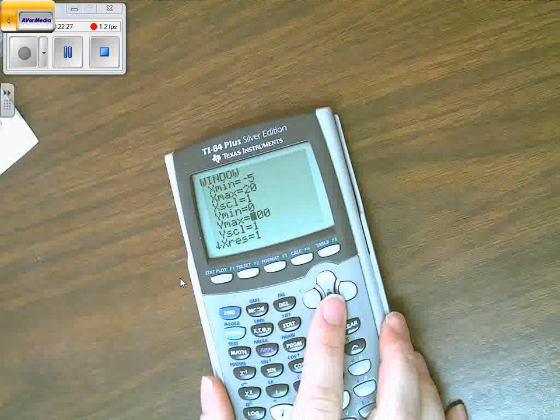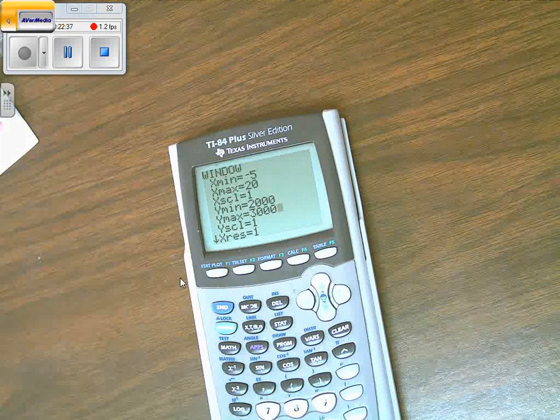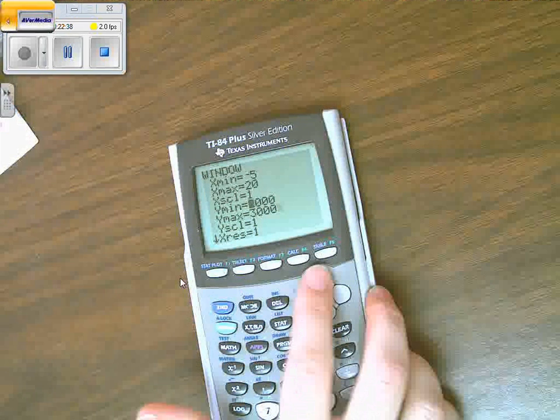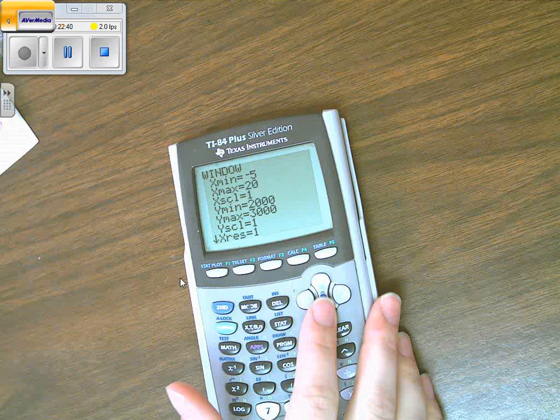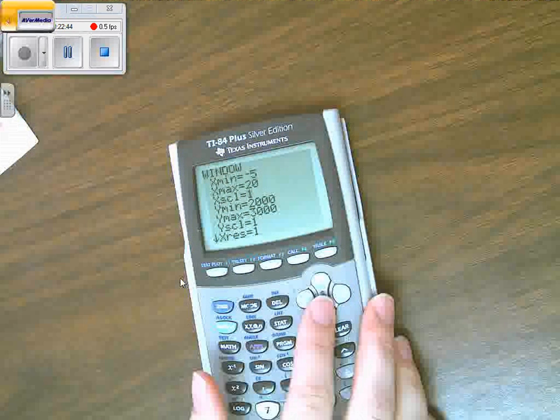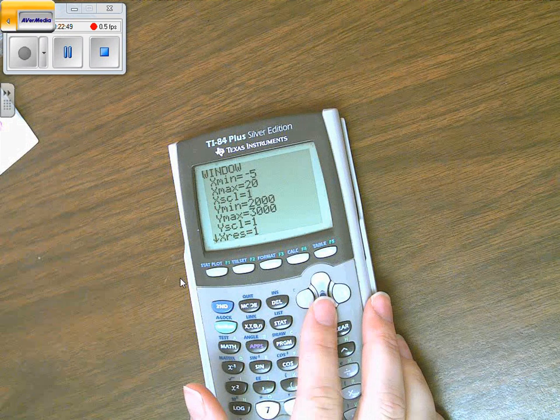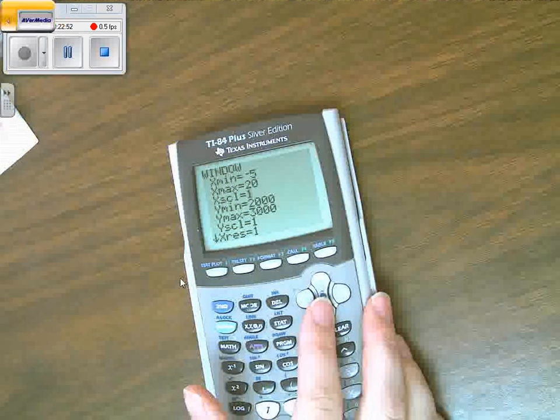I'm going to go with 3,000 for my max, just so I can have a little leeway to see the intersection. I don't know how long it's going to take, but how much money did I have after 10 years? $2,379 after 10 years.